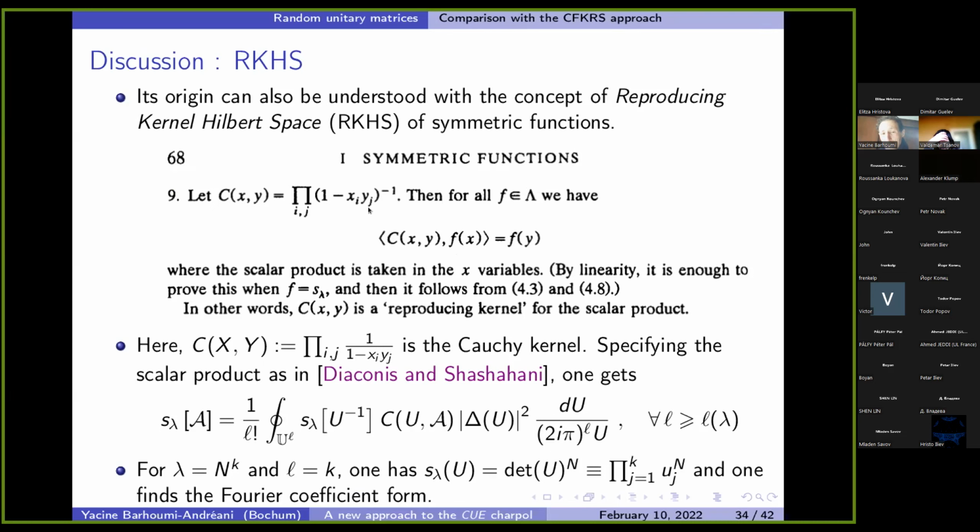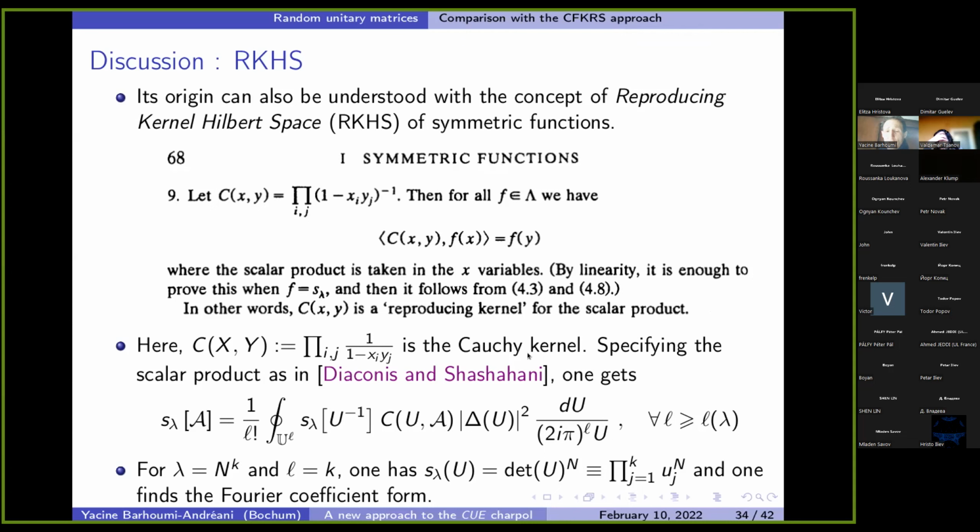So in symmetric function theory, you can have an infinite number of variables, and this scalar product is the so-called Hall scalar product. So this is very simple because this Cauchy product satisfies an identity, the Cauchy identity, that writes it as a sum over Schur function in x times Schur function in y. So as Macdonald says, in other words, C of xy is a reproducing kernel for the scalar product.